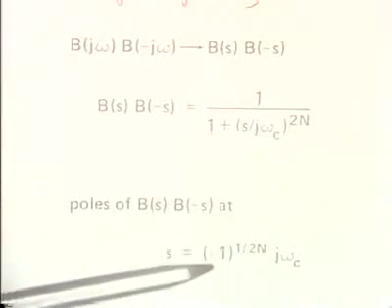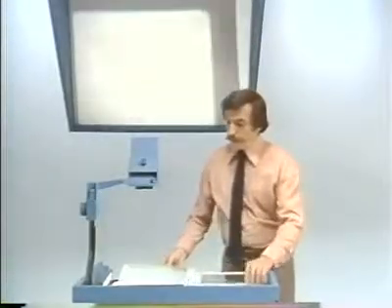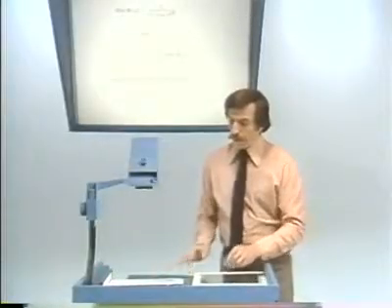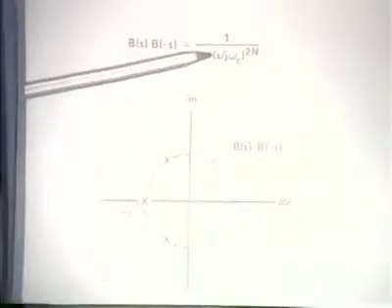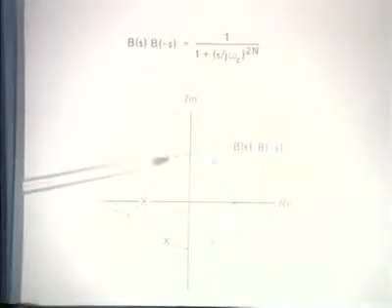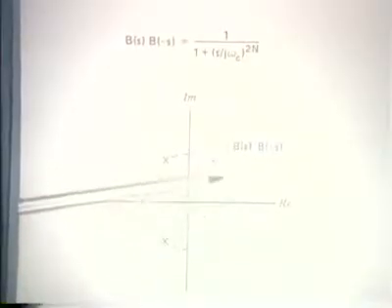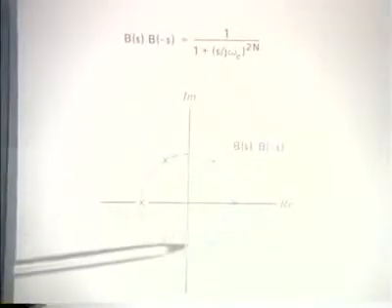Those roots, in fact, all lie on a circle, and the consequence is that the poles of this expression are on a circle. The circle is of radius omega sub c, and the poles are distributed around the circle.